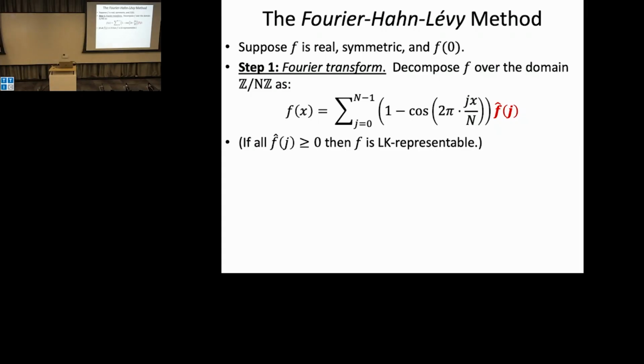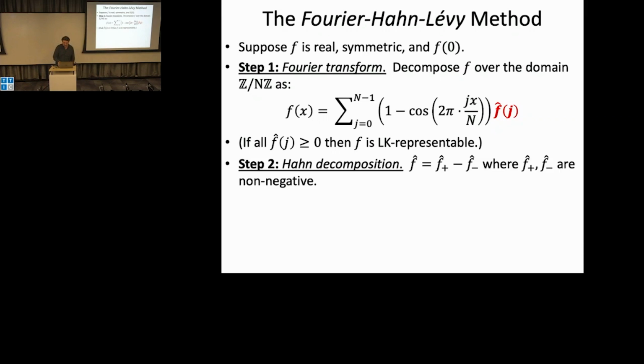If you look at these coefficients and they're all positive, then it's Levy-Khintchine representable, and this corresponds to a particular compound Poisson process. If you see a mixture of positive and negative values, then this is, in some sense, proof that it's not Levy-Khintchine representable.